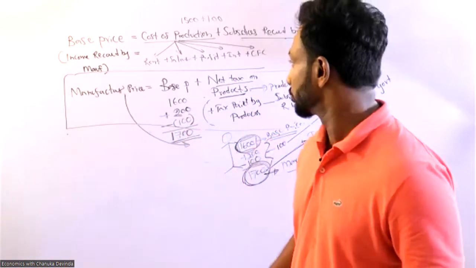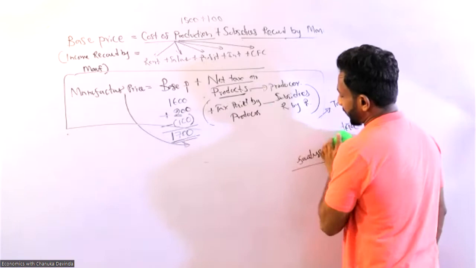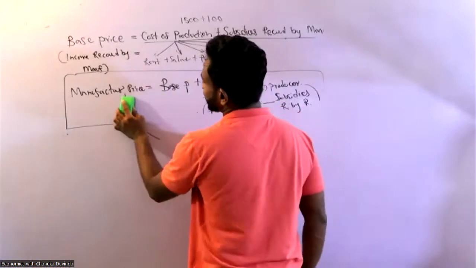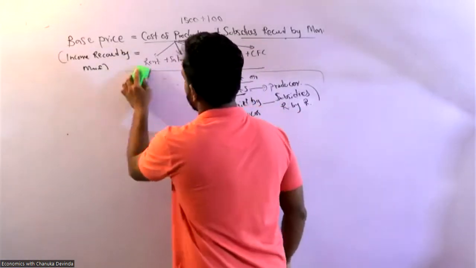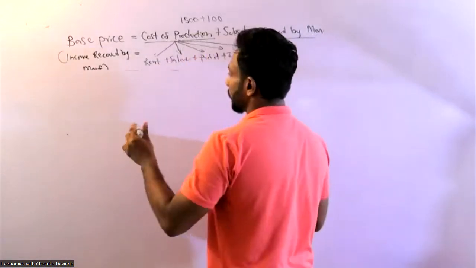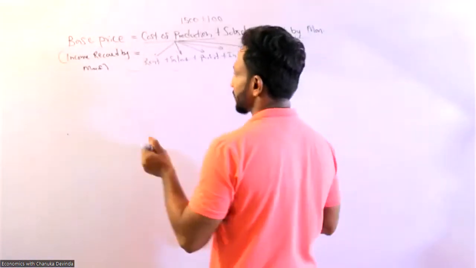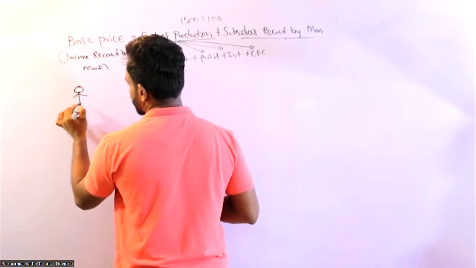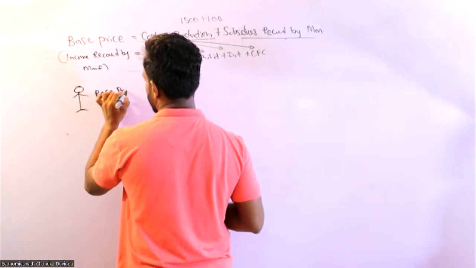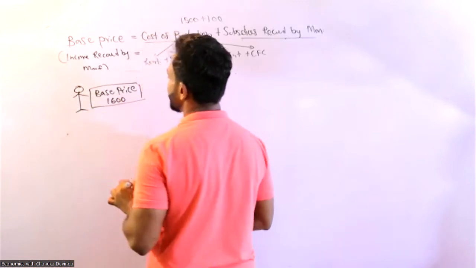Right. So the next price is the consumer price. I think we have to find the consumer price. That means the price paid by whom? The price paid by the consumer. The manufacturer's receipt price was the base price, 1,600, that he is expecting.